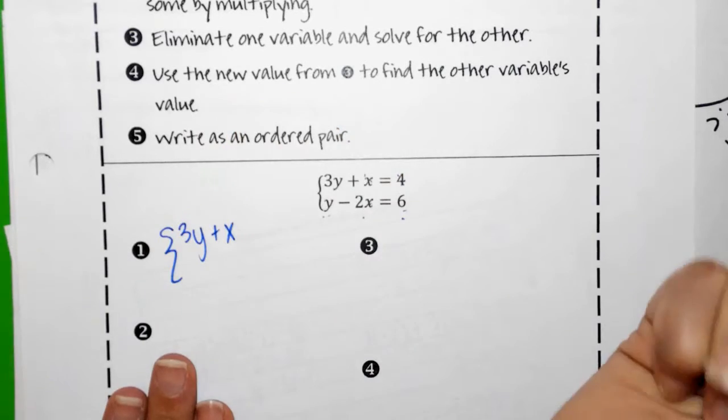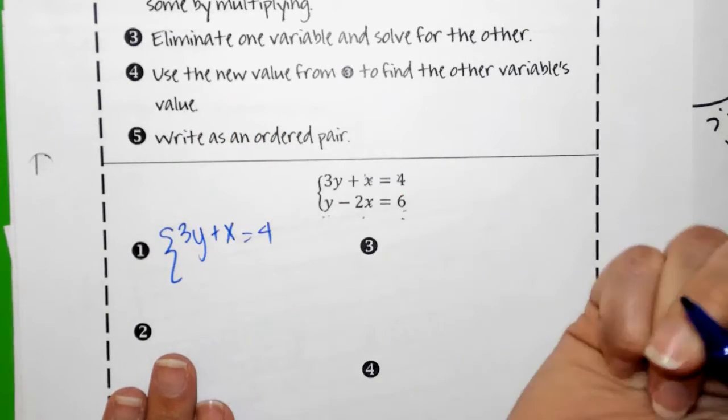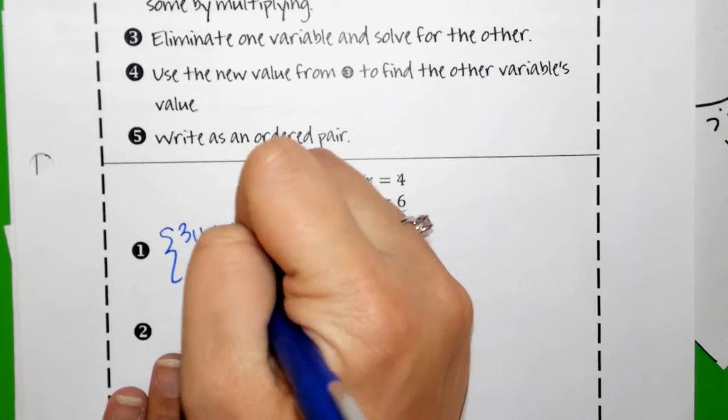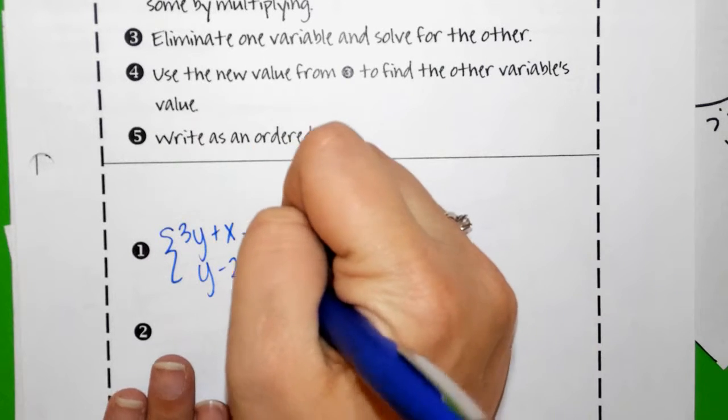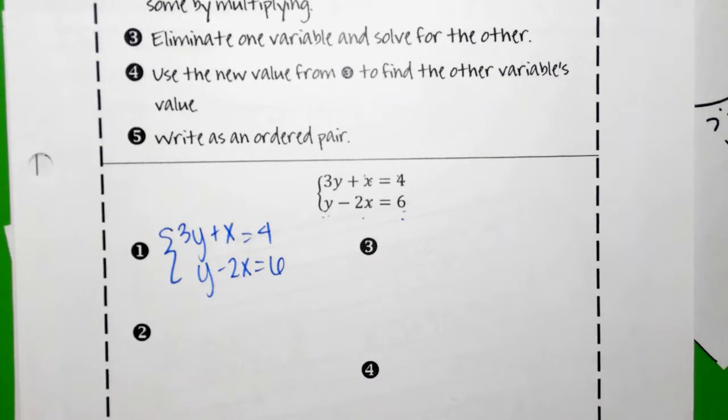So 3y plus x equals 4, and y minus 2x equals 6. Are you ready? Does anybody need another minute?